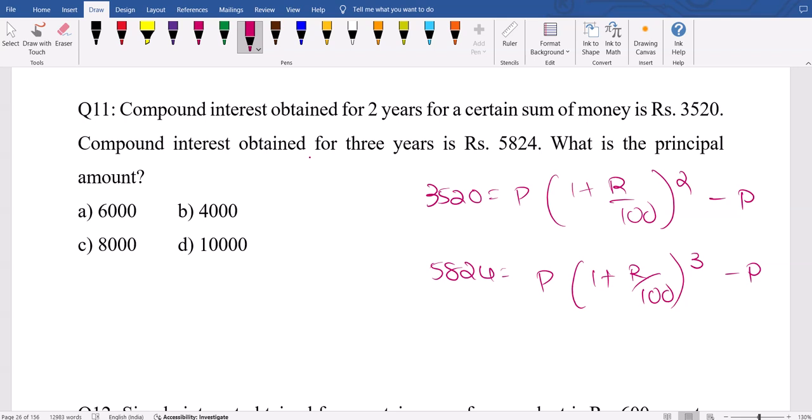Now we need to calculate the P value from this. We have two equations, two unknowns.